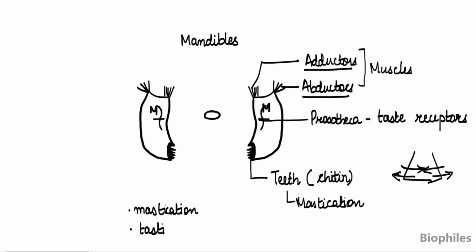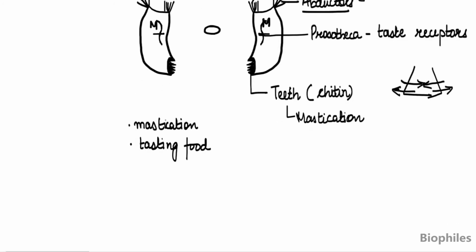After the mandibles, the next pair of mouthparts are called maxillae. And as we had pointed out before, maxillae are paired, and they are also sometimes called first maxillae.